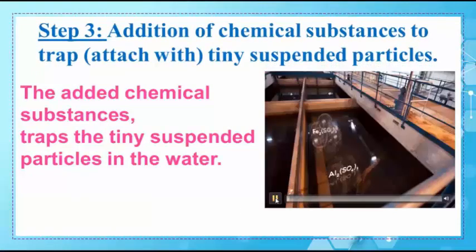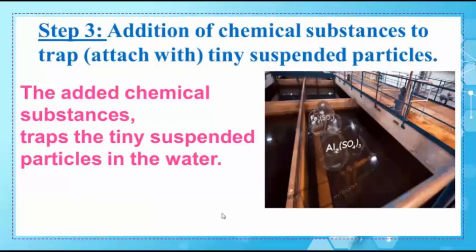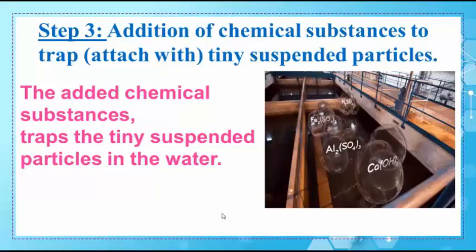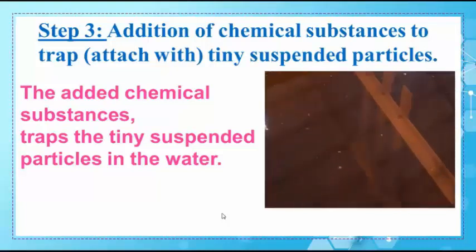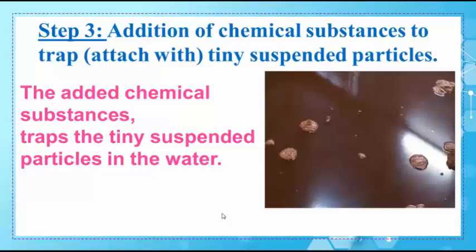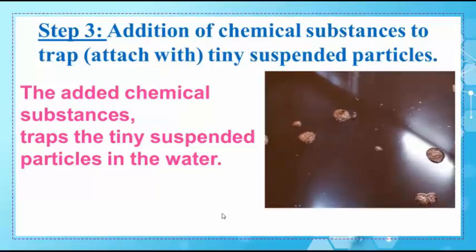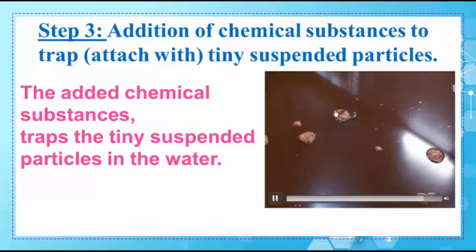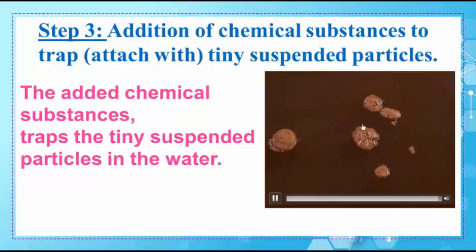Addition of chemical substances to trap or attach to the tiny suspended particles. The added chemical substances, such as H2SO4, trap the tiny suspended particles in the water. As you can see here, these are the trapped particles held by the added chemical substance. Suspended particles are the particles carried along with water.